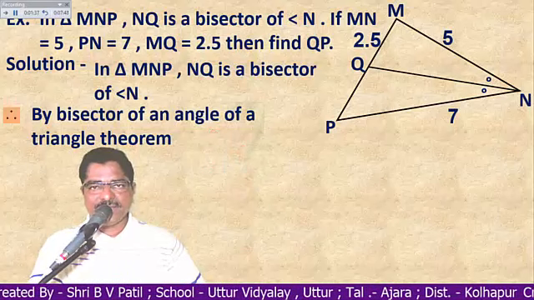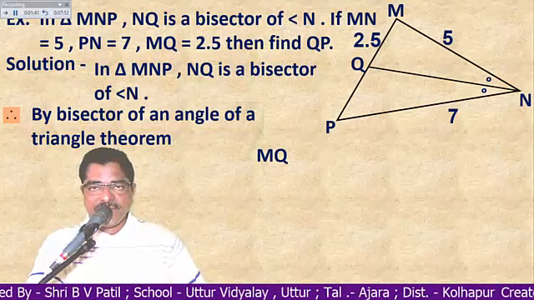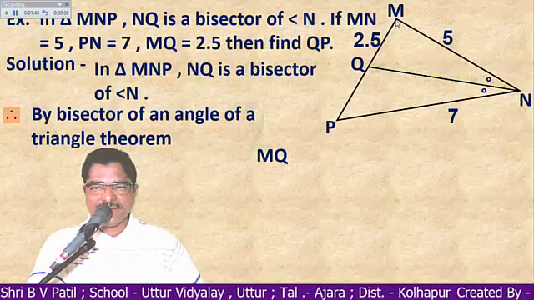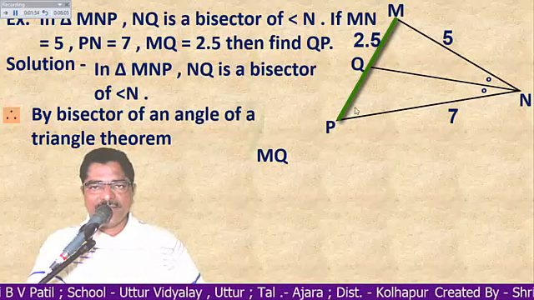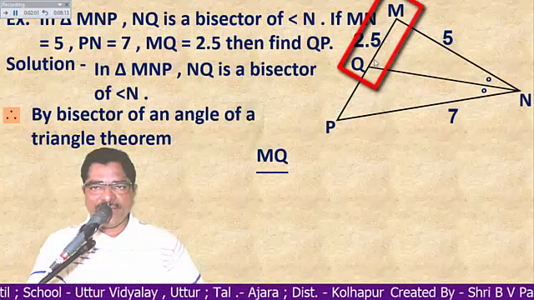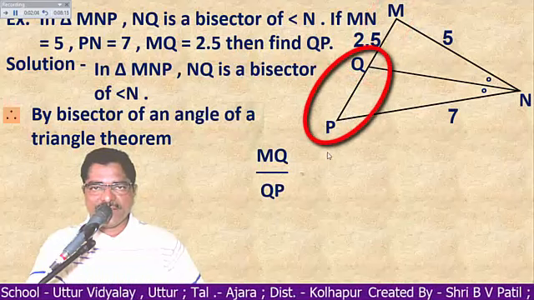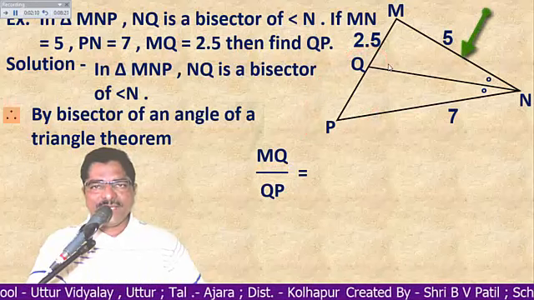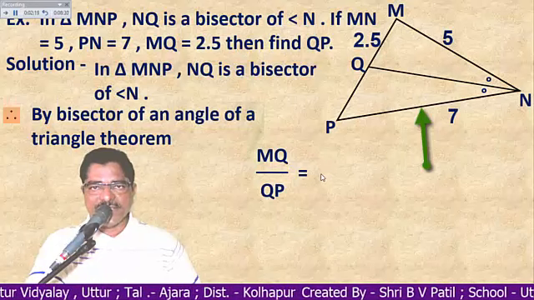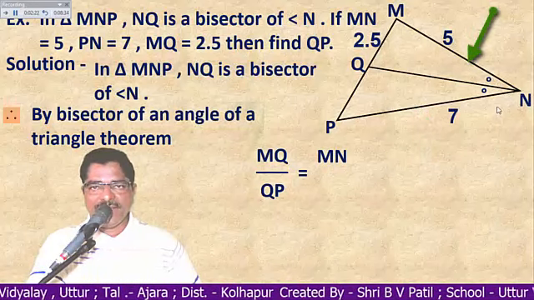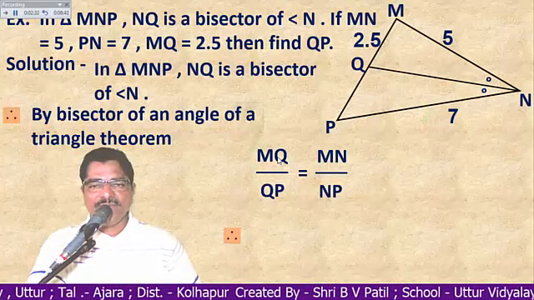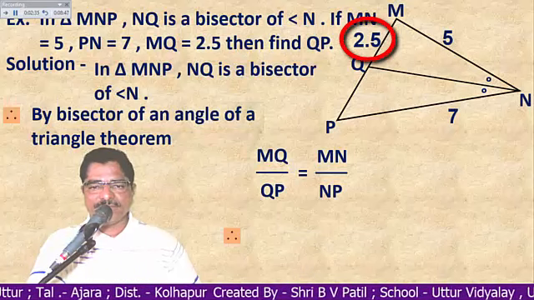By that theorem, the bisector divides side MP, and the ratio is MQ divided by QP, which is equal to the ratio of the remaining sides MN and NP, that is MN divided by NP.